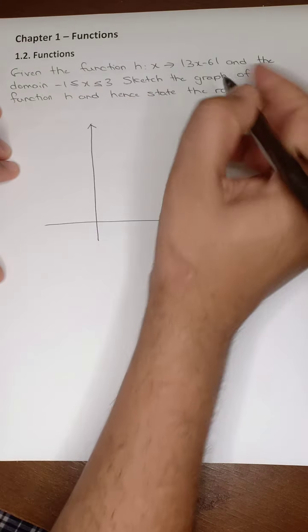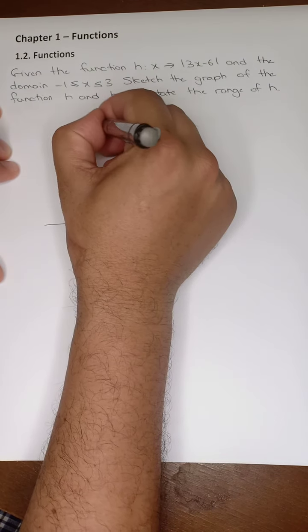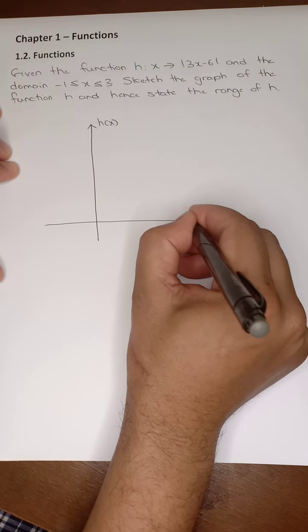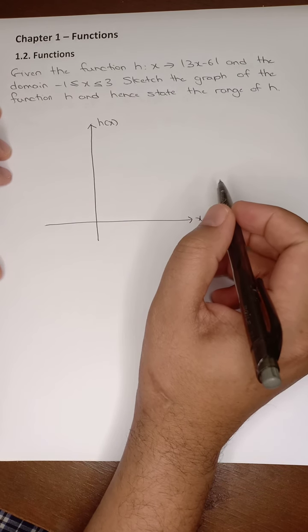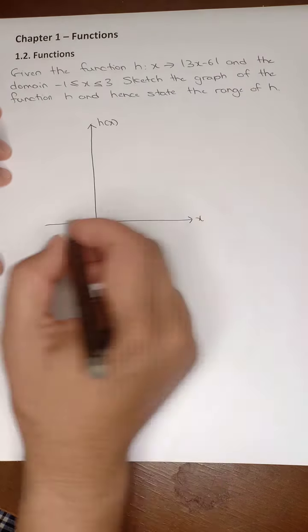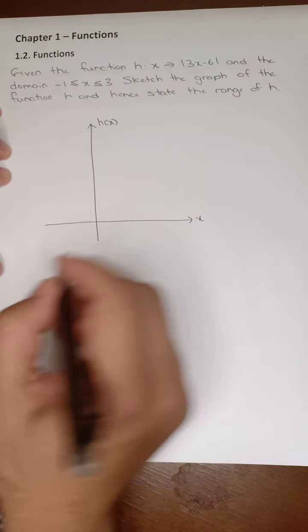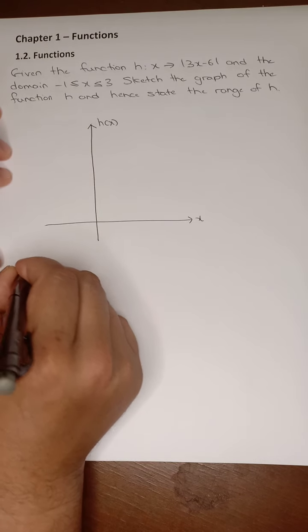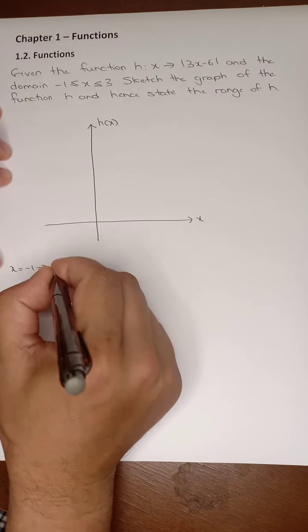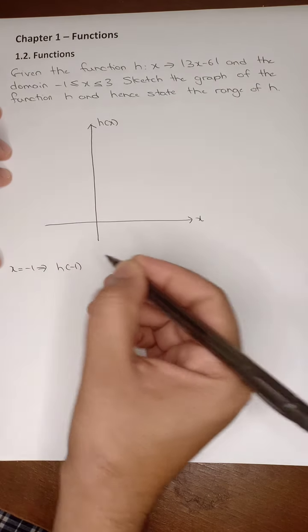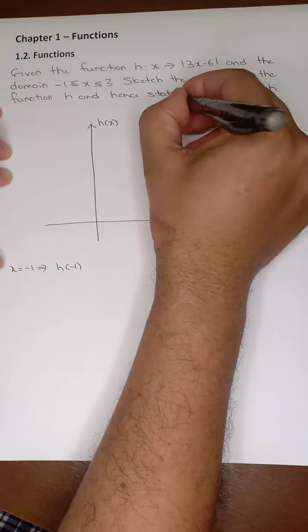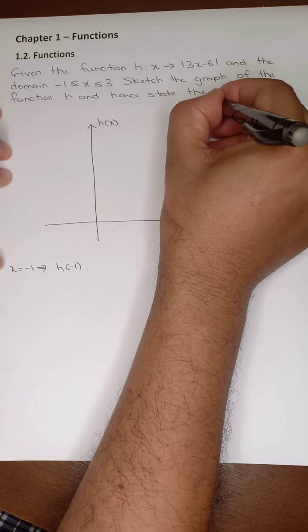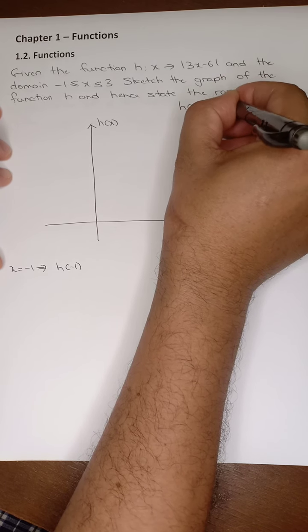So the y-axis I label h(x), the x-axis as x. Now, our domain is from -1 to 3. So I'll replace x equals to -1 into the function. The function is h(x) = modulus 3x minus 6.